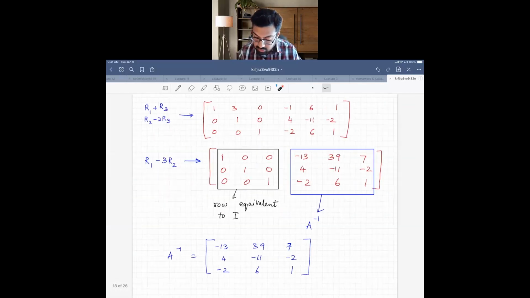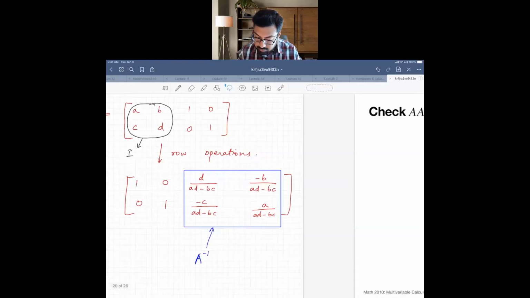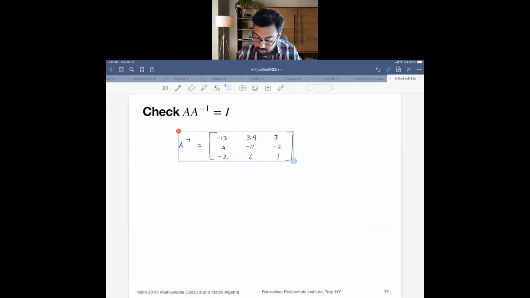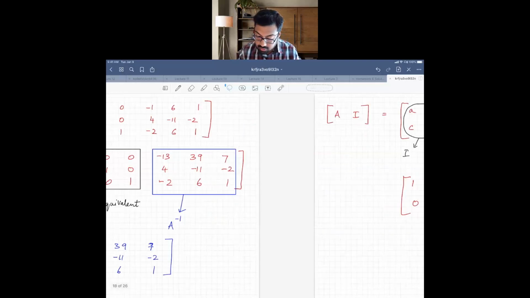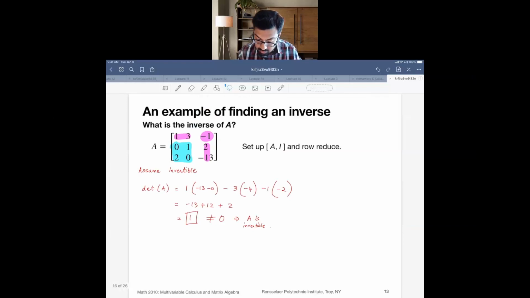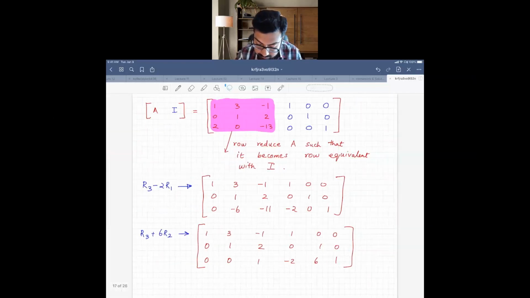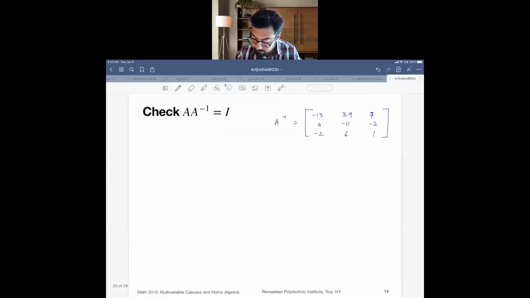So I'll go back here and pick this A inverse, and bring it back over here and put it in here. That is my A inverse, and my A is over here. The claim was that that is the inverse of A, and the way you check it is by using the product of these two.